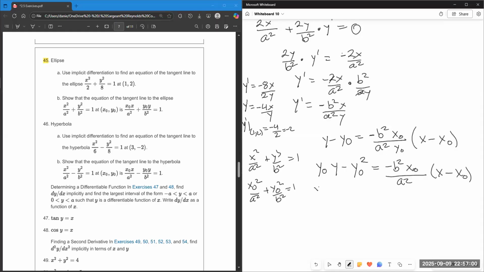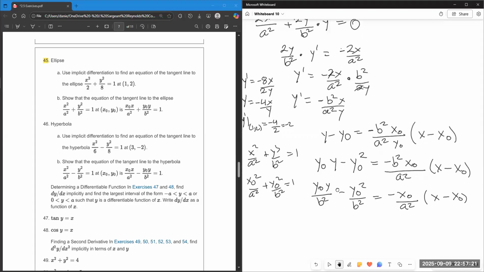So y naught y over b squared minus y naught squared over b squared is equal to negative x naught over a squared times x minus x naught. Now I am going to multiply that stuff on the right.